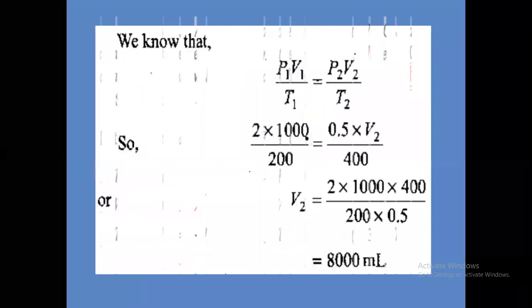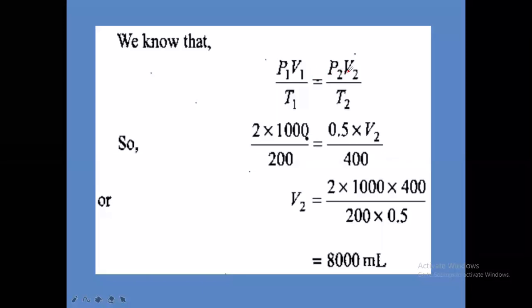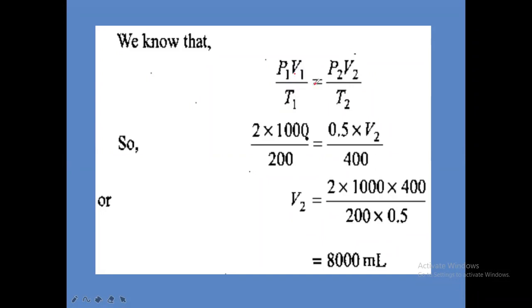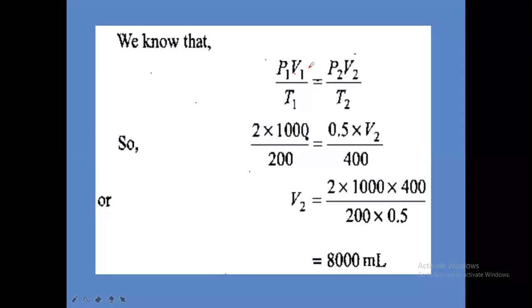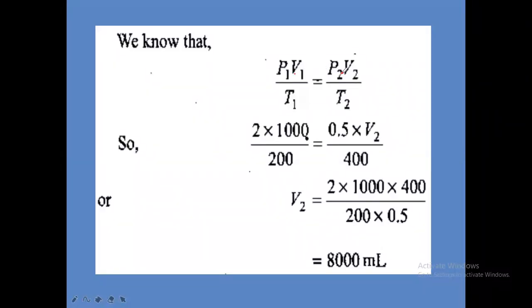So what is the relation here? What is the formula? P1 V1 by T1 is equal to P2 V2 by T2. Now P1 V1 is equal to P2 V2 is Boyle's law, when temperature is constant, when T1 is equal to T2. And V1 by T1 is equal to V2 by T2 is called Charles law, when P1 is equal to P2, that is, when pressure is constant.